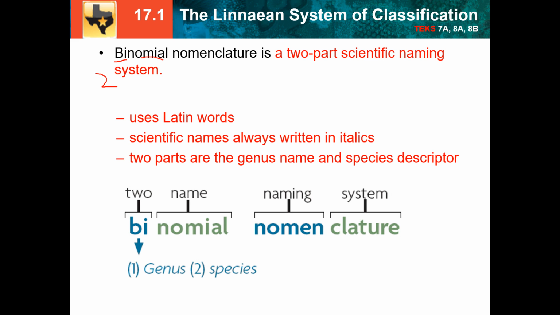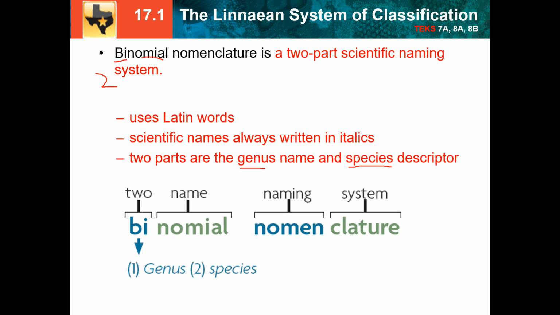These scientific names are always written in italics, and there are 2 parts to it: the genus name and the species. In a couple slides, I'm going to remind you what a genus and a species are, but a species is the most specific, and genus is a little more broad.